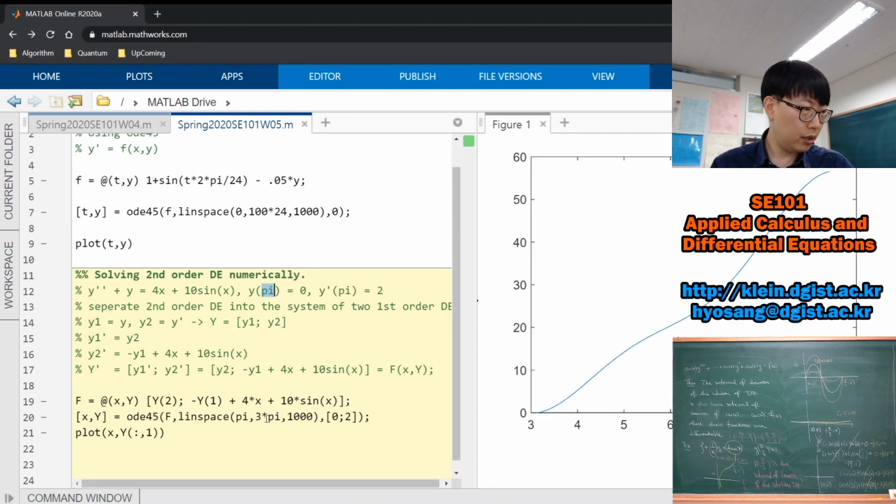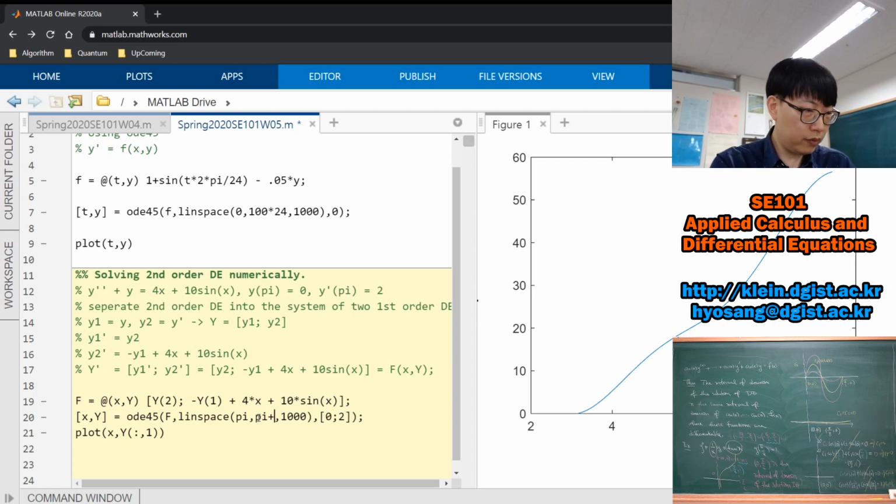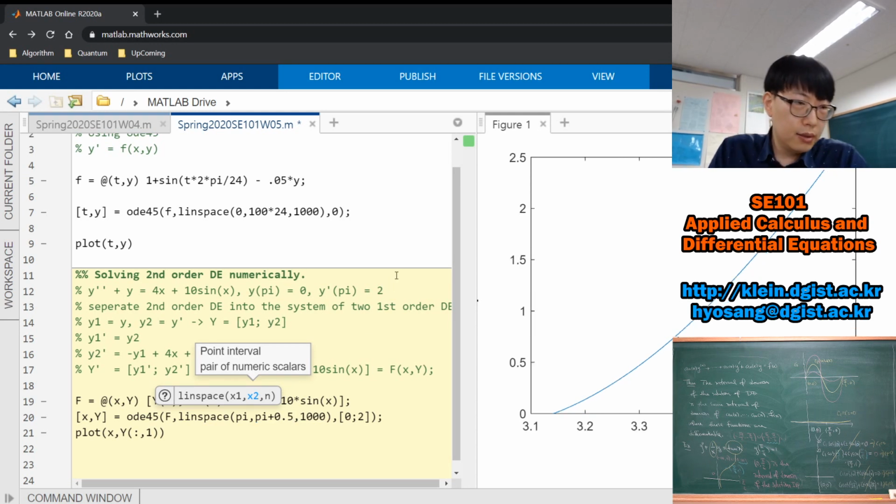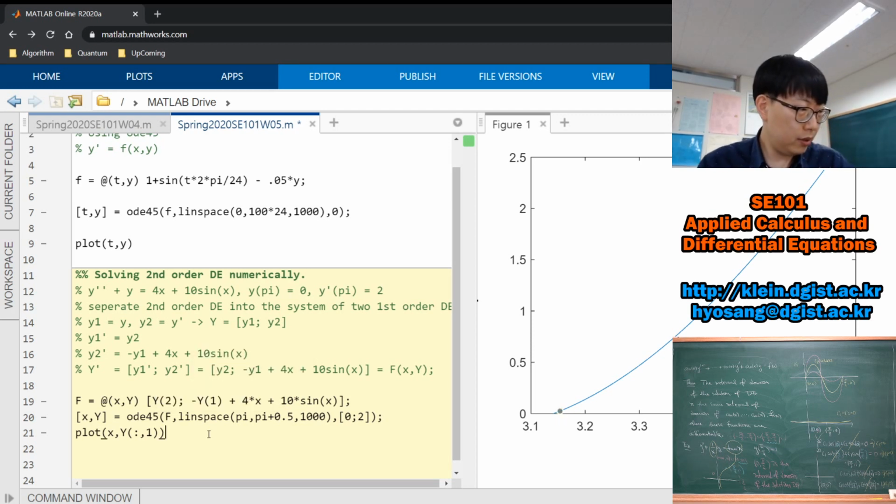By taking the domain interval from pi to pi plus 0.5. Okay, see, it's the slope. Let me make the two axes equal.